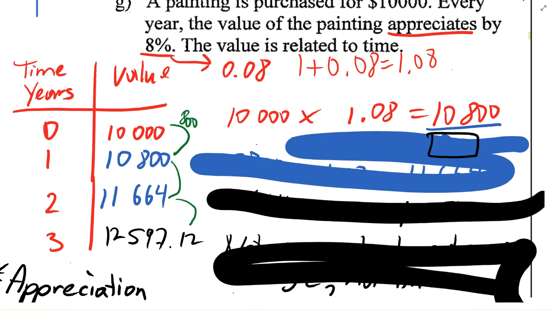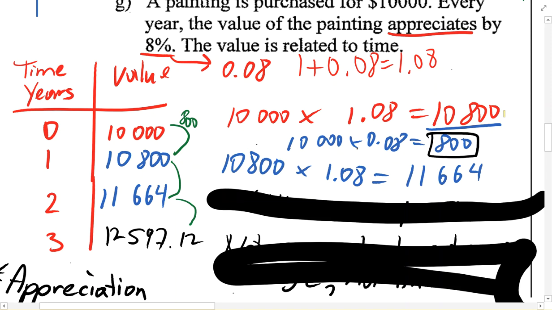So it's worth $10,800. Then for year 2, that's an increase of 800. For year 2, it's going to be 10,800 times the percentage. So now it goes up by a heck of a lot more.